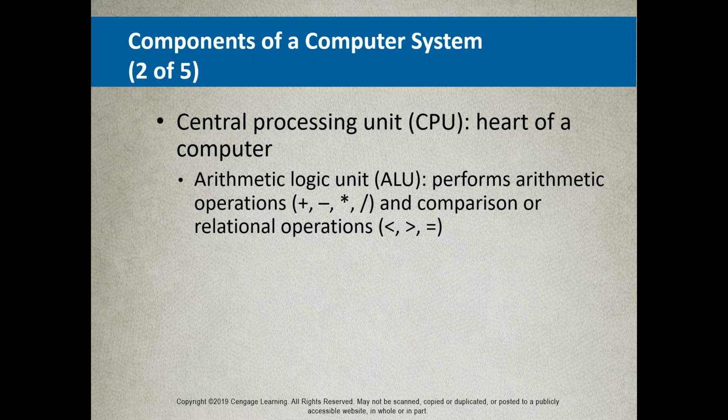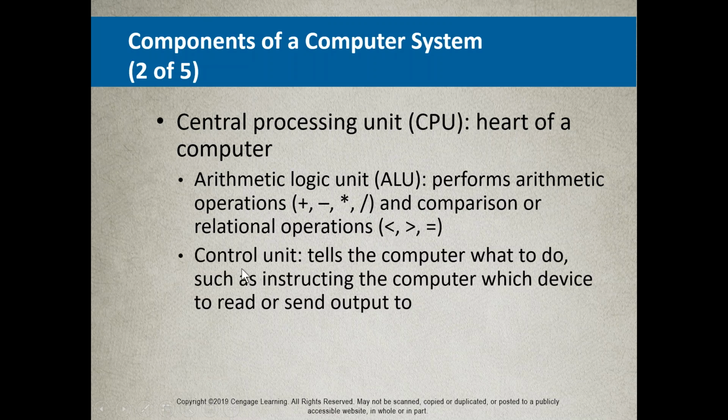It performs calculations like adding, subtracting, multiplying, and dividing, like a calculator. It also does comparison analysis using relational operators, like less than, greater than, or equal to. So if somebody wants to do a comparison, they can use these comparison operators.